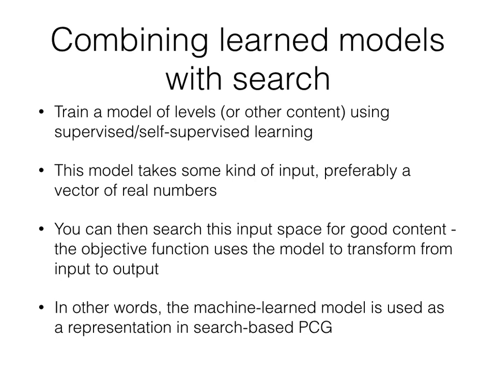The idea here is that you have a model that generates game content, and it takes some kind of input, preferably a vector of real numbers, and then you can search this input space for good content. So the objective function uses the model to transform from input to output. In search-based PCG terminology, the machine-learned model becomes the representation you use in your search algorithm, so the content representation.